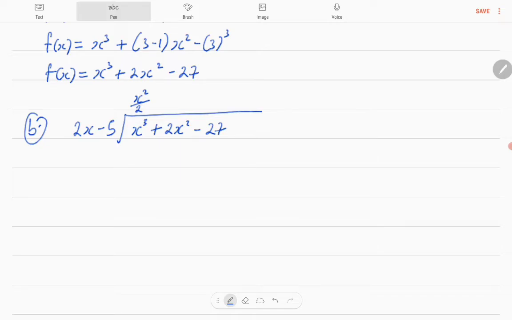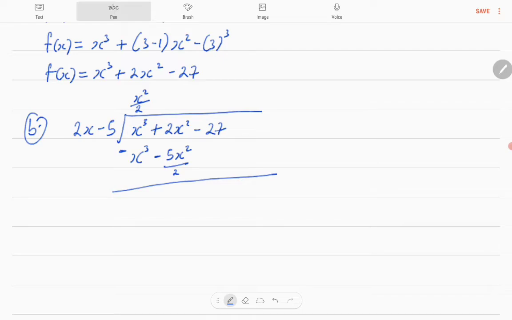Now when you multiply x²/2 by 2x − 5, we'll have x³ − 5x²/2. And of course you have to subtract.